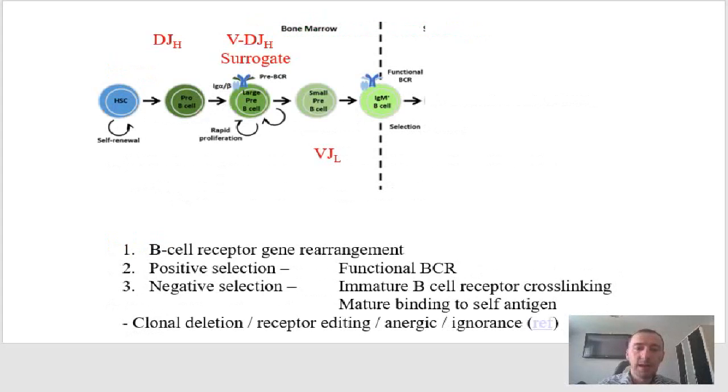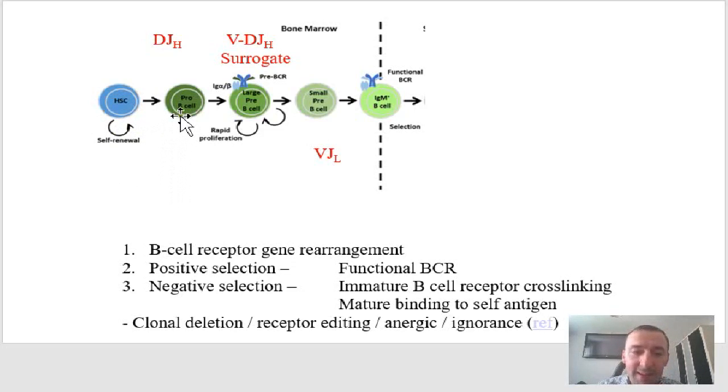Okay. So these are the steps that are involved in going from a pre-B cell to an immature B cell. First of all, you have the hematopoietic stem cell, which has the ability to self-renew. It then receives a series of growth factors that cause it to differentiate into a pro-B cell.